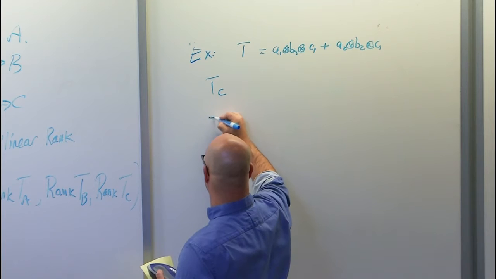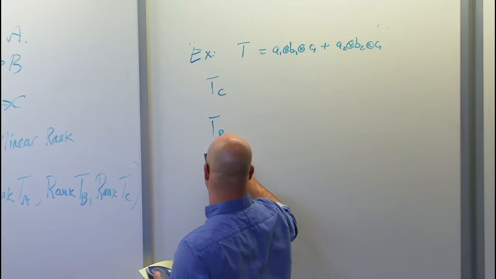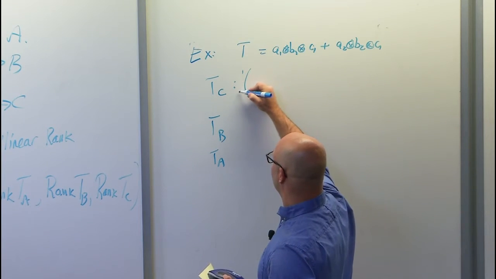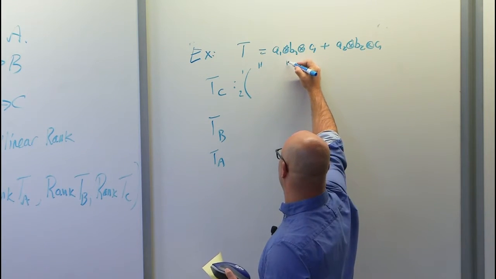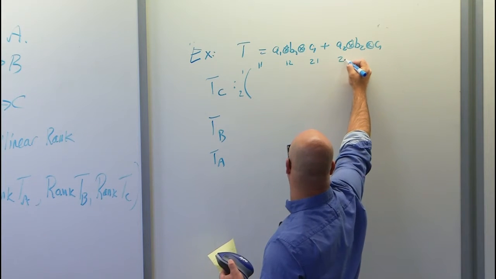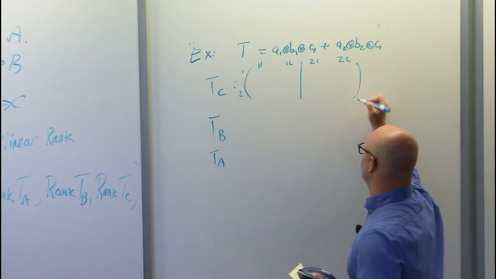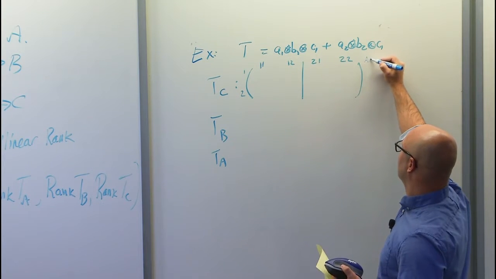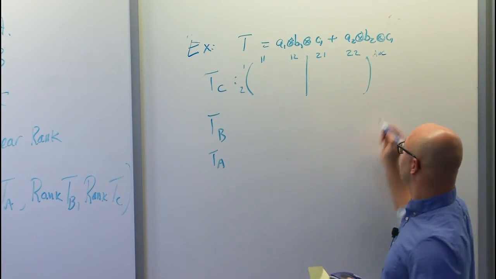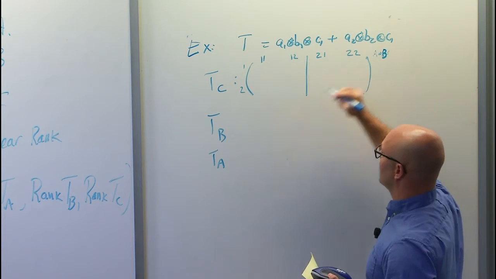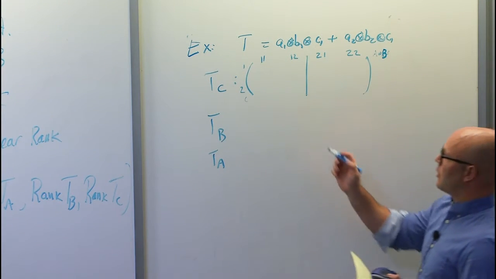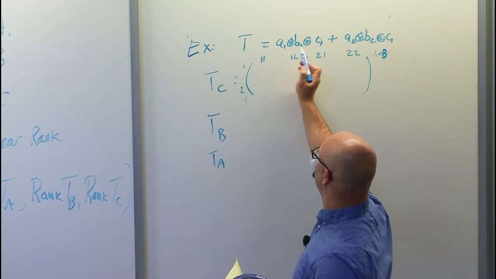So TC, TB, TA. What's this flattening? I'm going to very pedantically number the columns just so we're really clear on what this matrix is. The rows are indexed by A tensor B, and the columns are indexed by elements in C. So wherever I see 1, 1, 1, this means A1, B1, C1.